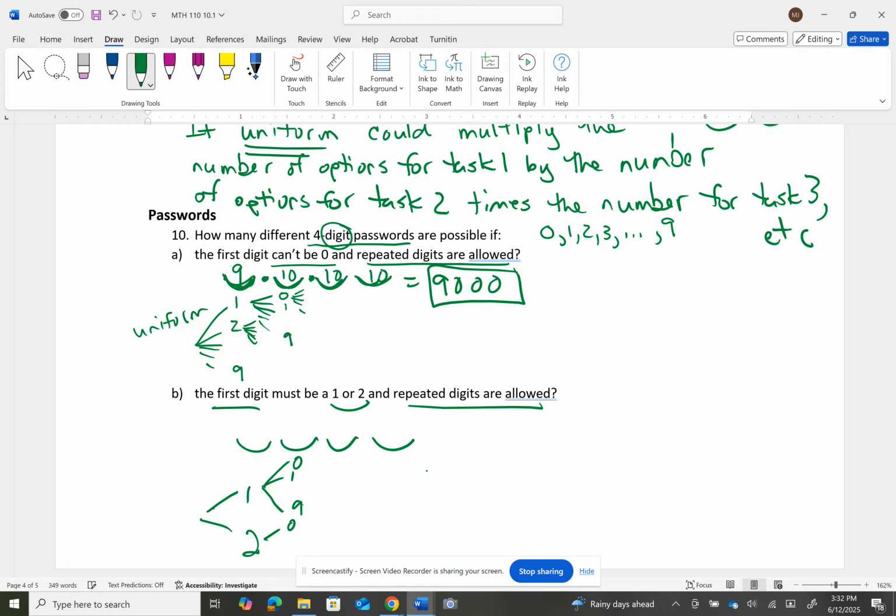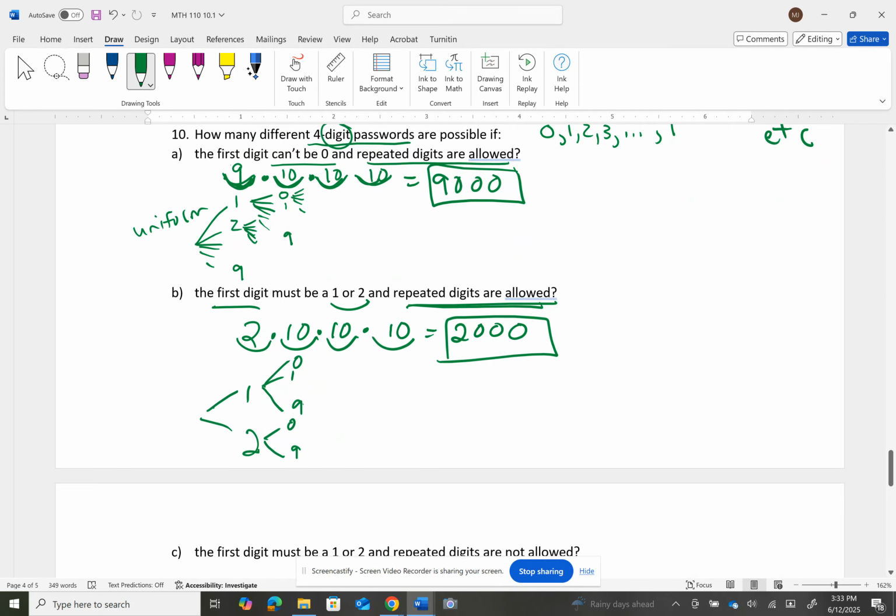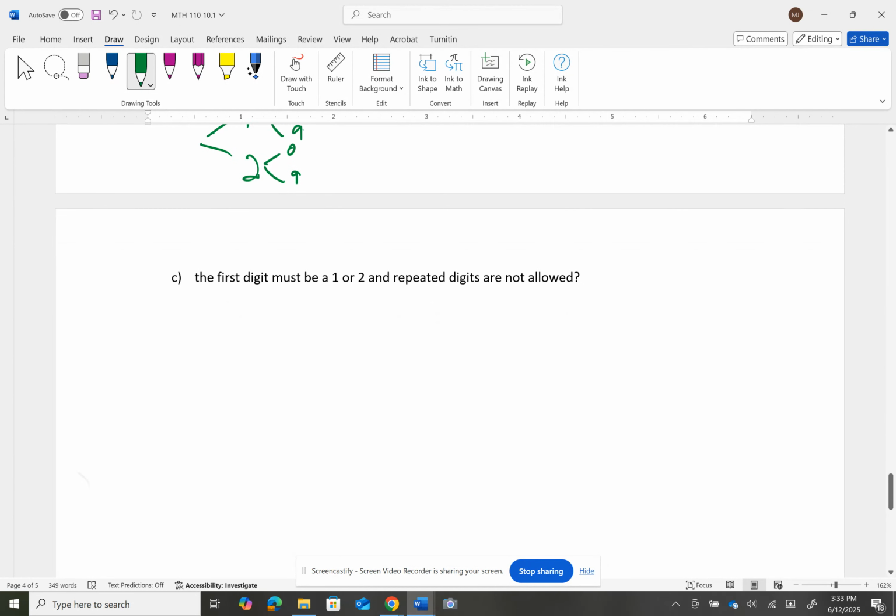And I could do the same here, couldn't I? So I'd have 2 possibilities for the first digit. Then I could have 10 possibilities for the second one. And there's no restriction on the third one or the fourth one either. And so I could create 2,000 different passwords.